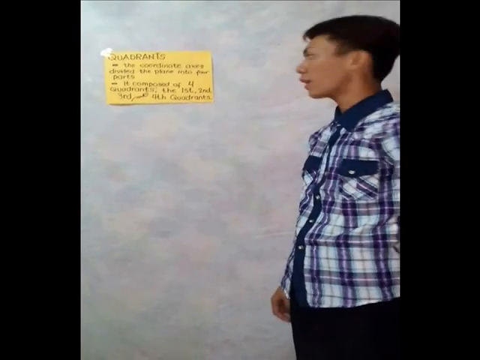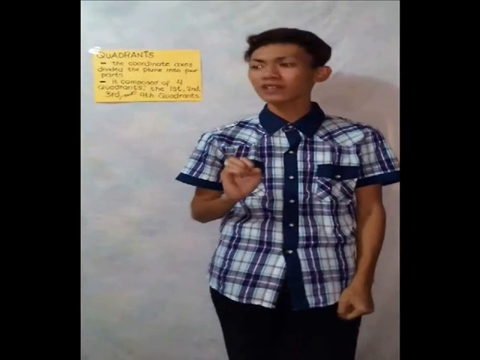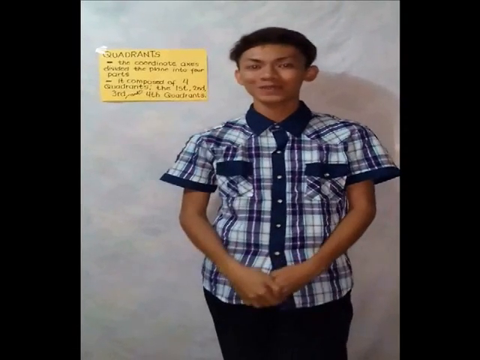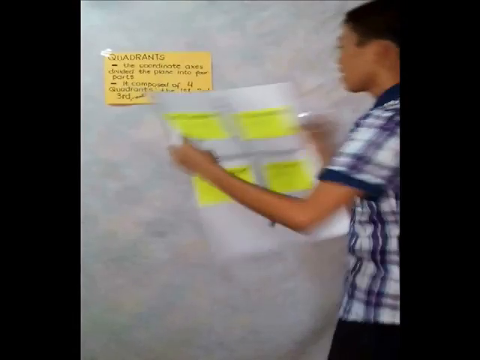It is composed of 4 quadrants, the first quadrant, second quadrant, third quadrant, and fourth quadrant. So I'm going to show you some charts in order for you to understand what are the 4 quadrants. So here.